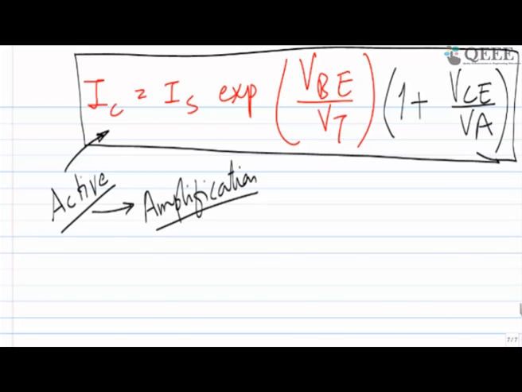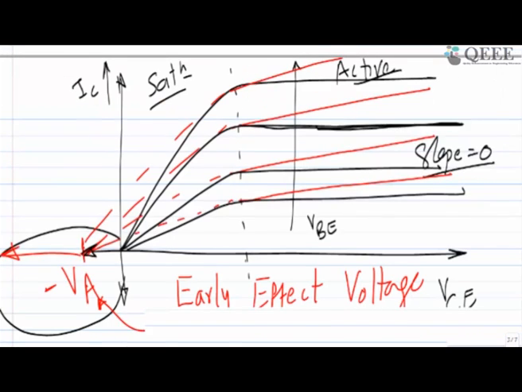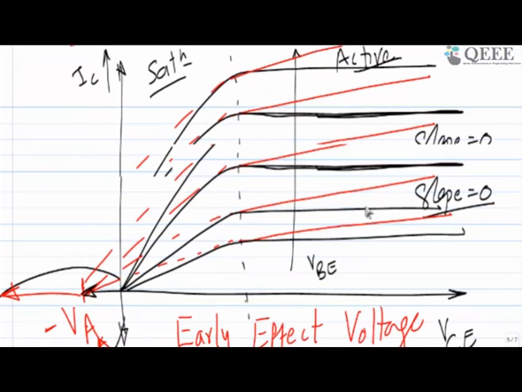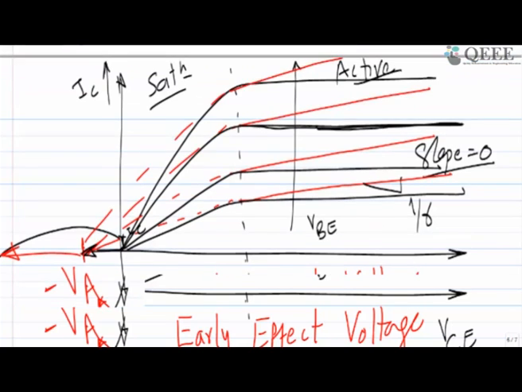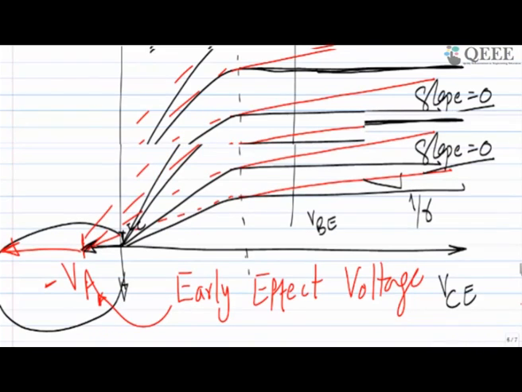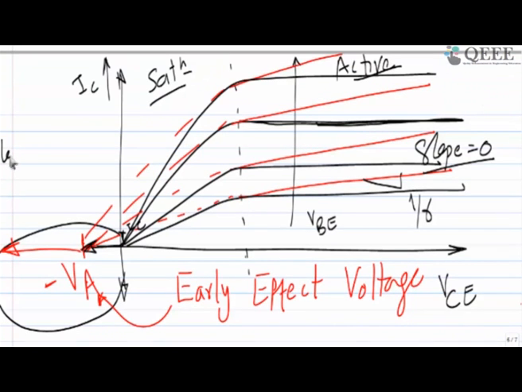That's it. So if that is the case, this slope, which is 1 by R, is the deciding factor. If this point is IC, and if you look at this particular slope, that slope will give you something like, okay, the slope is equal to IC divided by VA, right?